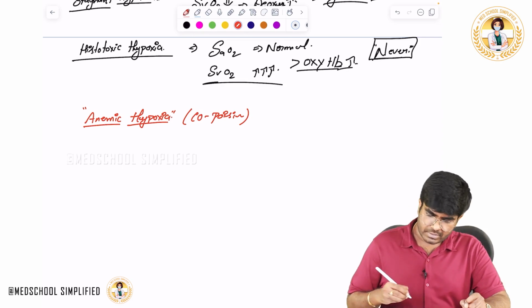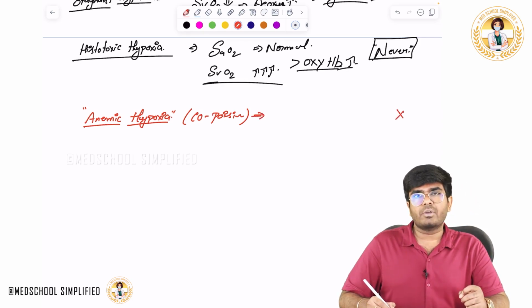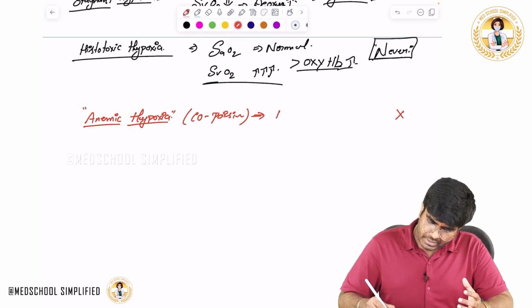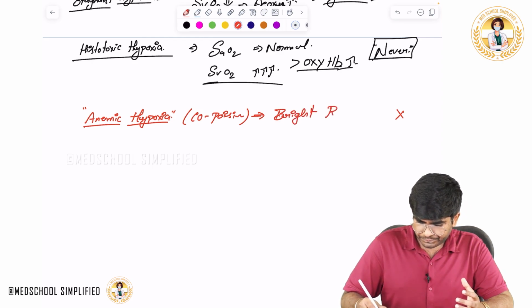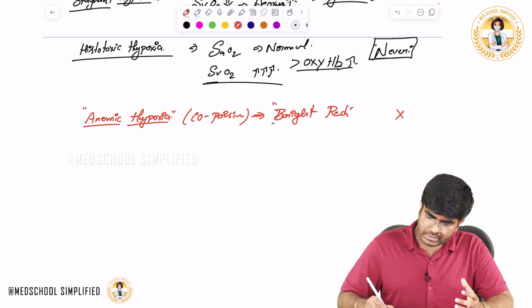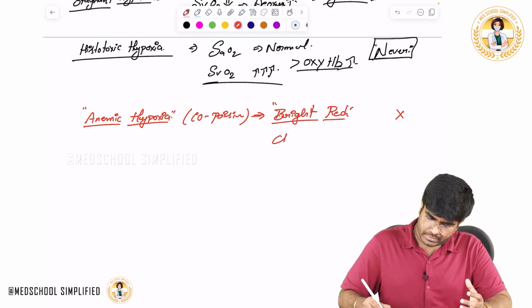Now does cyanosis develop? No. Because in anemic hypoxia due to carbon monoxide poisoning, what happens to the blood color? Bright red. Even the skin is going to be bright red, cherry red.